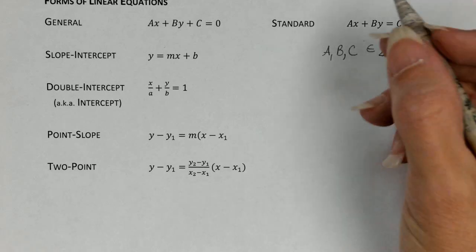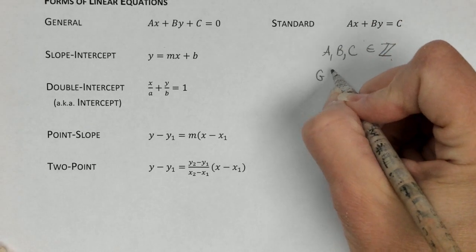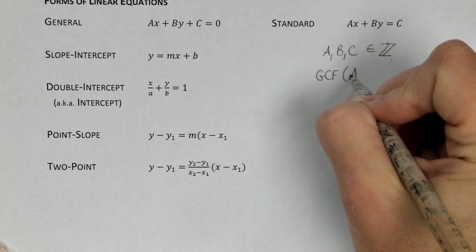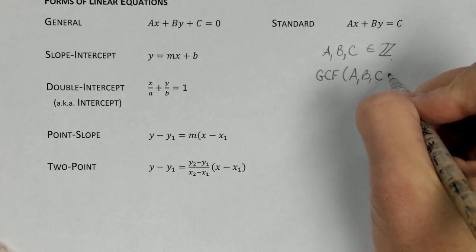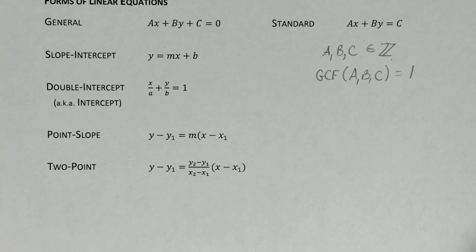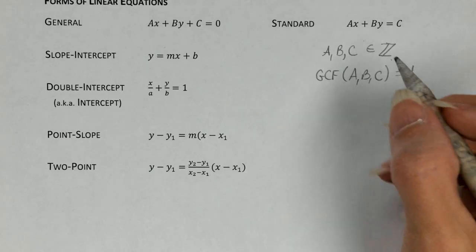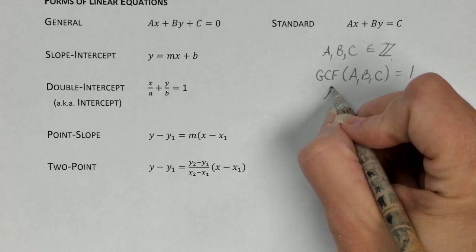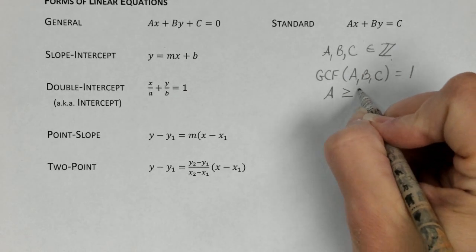Okay, also the GCF of A, B, and C is 1, which means they don't all divide evenly by the same thing. If they do, you'd have to do that when you're simplifying your answer. And then the only other requirement is A is greater than or equal to 0.